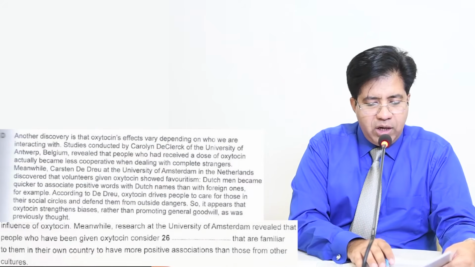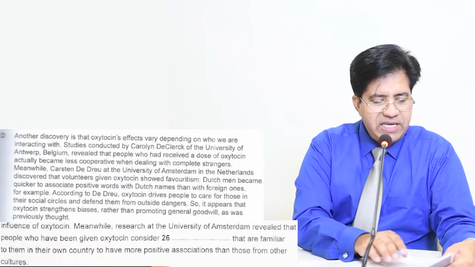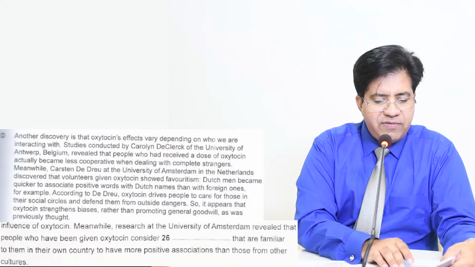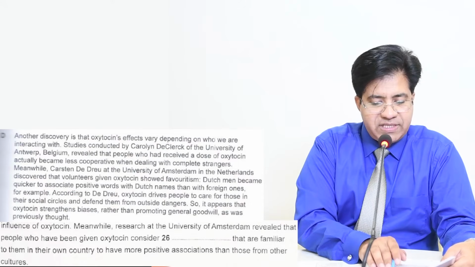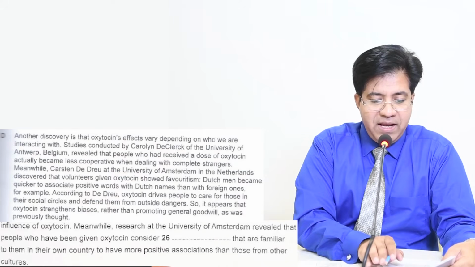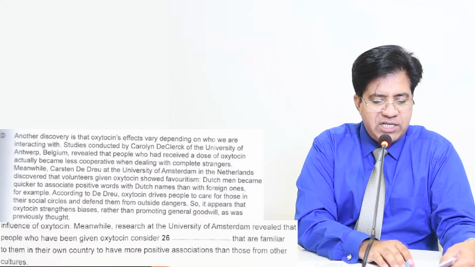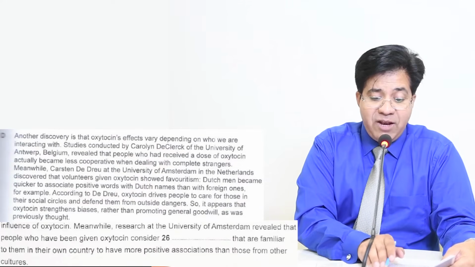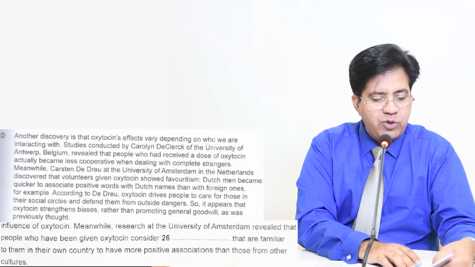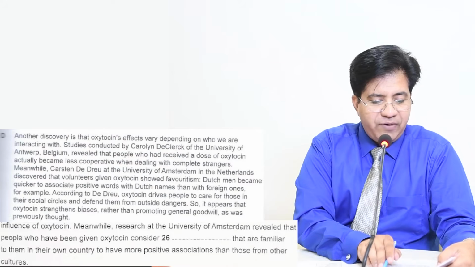Okay, so University of Amsterdam in Netherlands, they say here, discovered that volunteers given oxytocin showed favoritism. No, favoritism is not the answer. Please be careful. Dutch men became quicker to associate positive words with Dutch names than with foreign ones.